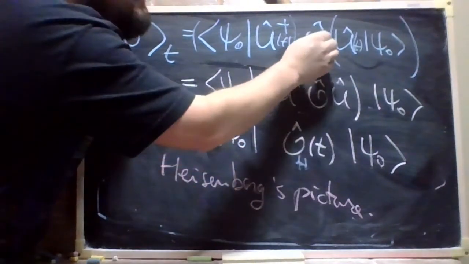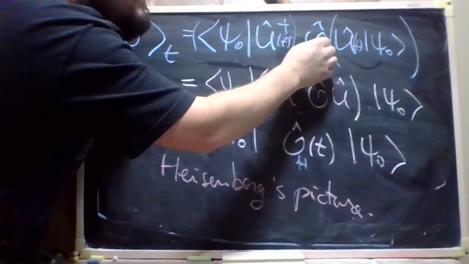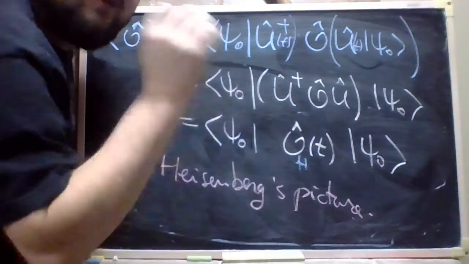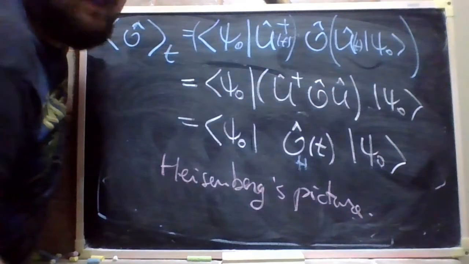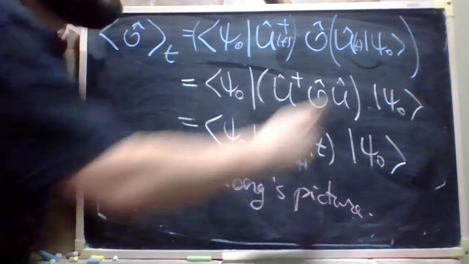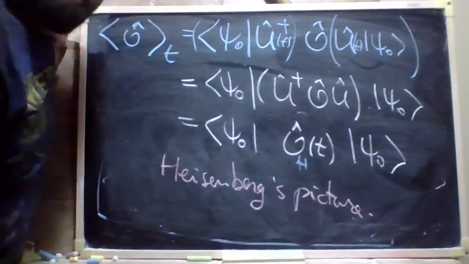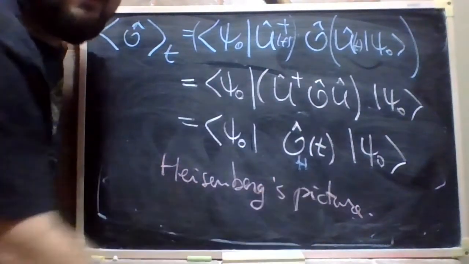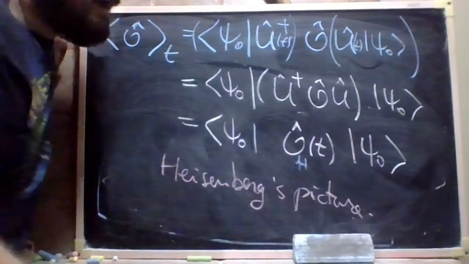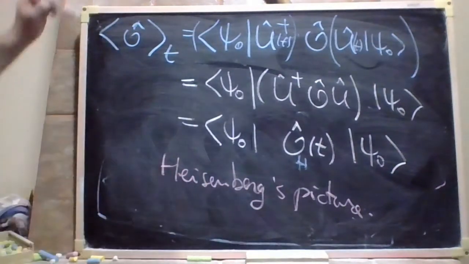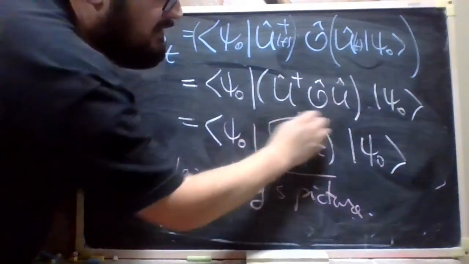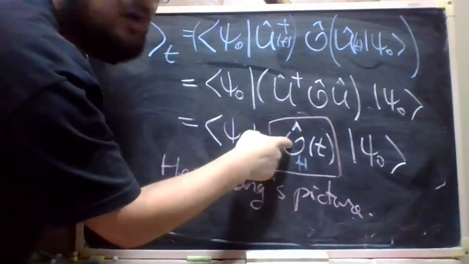So operators don't depend on time, and all the time evolution is in the physical state, in the ket states, all right. But for Heisenberg, all the evolution is in this object, which are the operators.